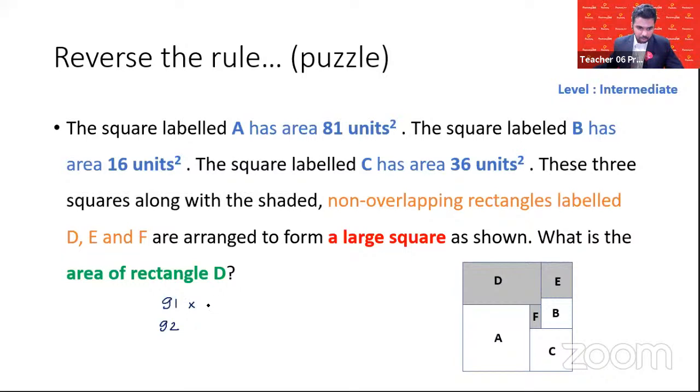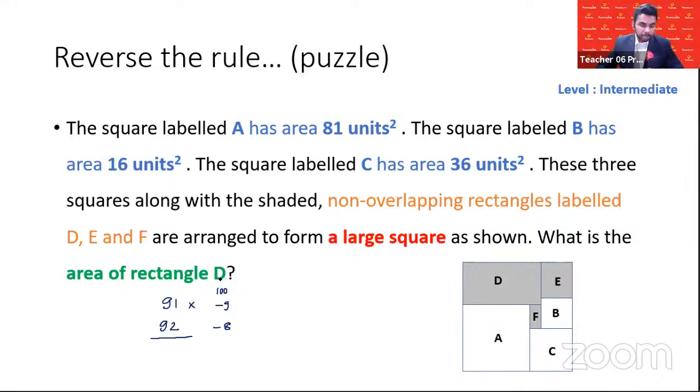The first question is, what is the base which is closest to 91 and 92? It is 100. 91 is how much close to 100? It is minus 9 from 100. It is only 9 places away from 100. 92 is only 8 places away from 100.